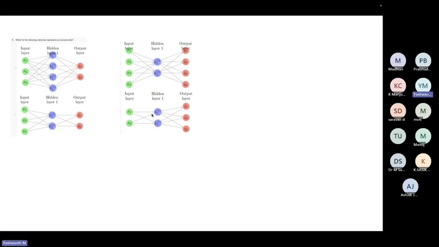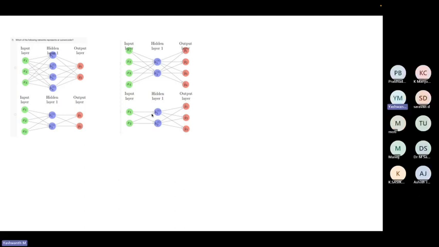You are reconstructing your input. So which of the following networks is doing that basically? Only B then in this case. Yeah, that is what I said.